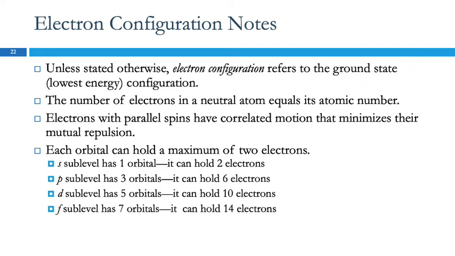So electron configurations, unless we say they're for some particular excited state, refer to the ground state, the lowest energy electron configurations. And so in the hotel, an electron configuration is like the guy at the front desk.